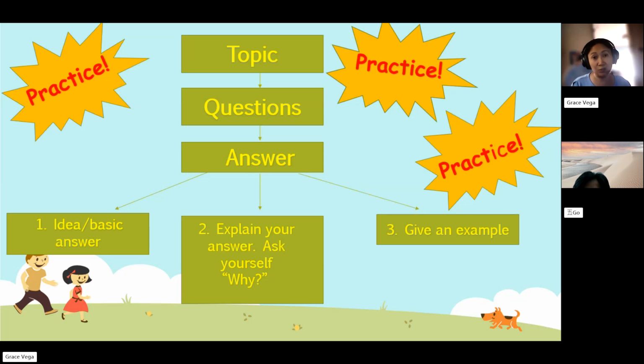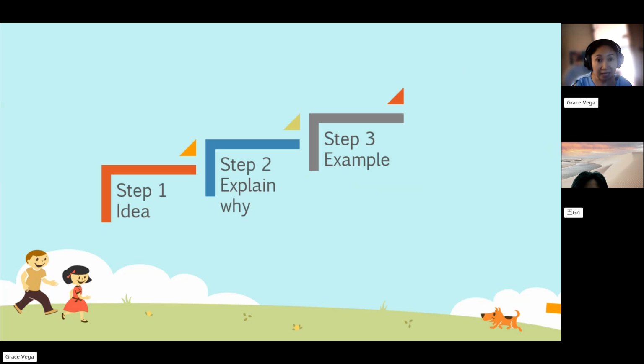That's how you can make your answers longer. Okay. So again, step one would be to give me an idea or an answer. Step two would be to explain why, or explain that idea. And step three is to give an example.